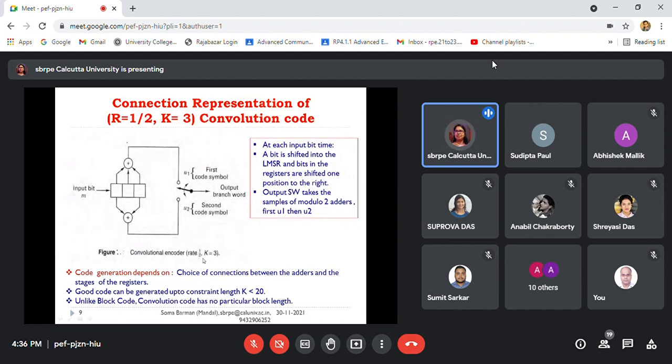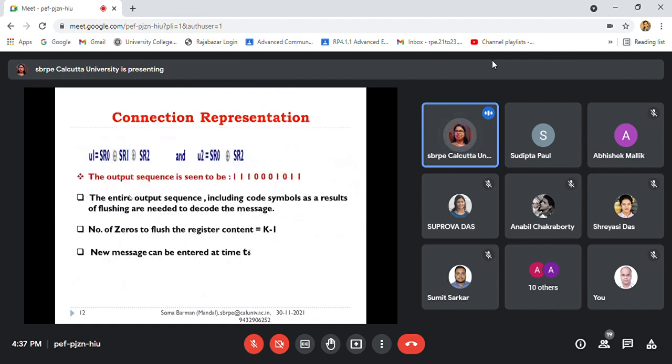Code rate half means input is 1, output is 2, so that's why u1, u2 are the outputs and the input is 1. Constraint length 3 means there are 3 shift register contents.